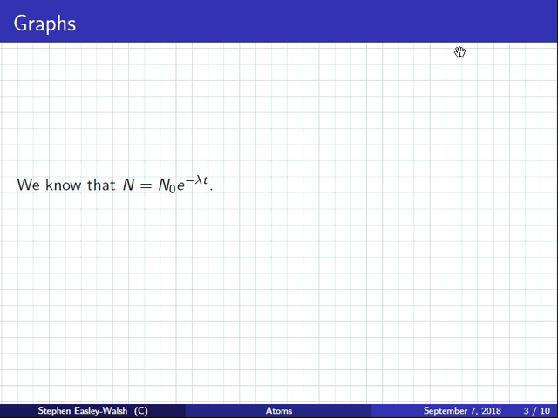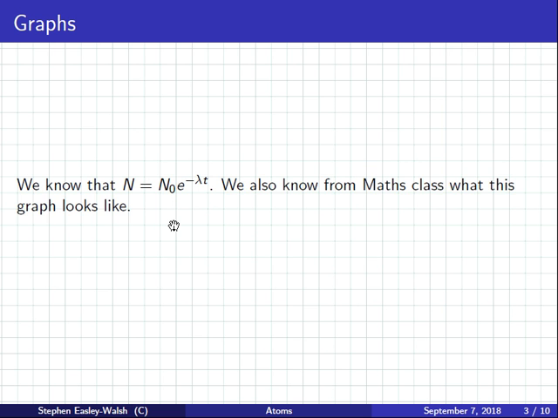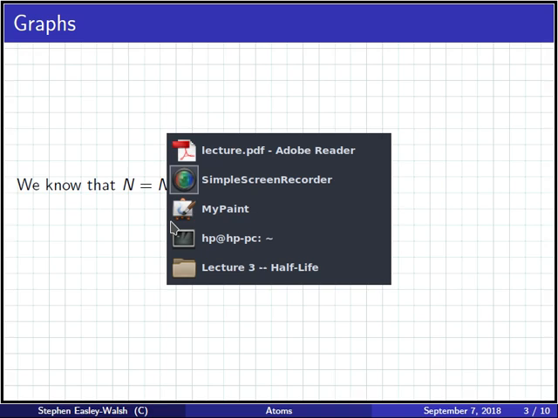So you remember this formula, Chow? N equals N0 e to the minus lambda t. I don't know. Were you in class when we did this? You don't remember? Yeah, I'll show you here.